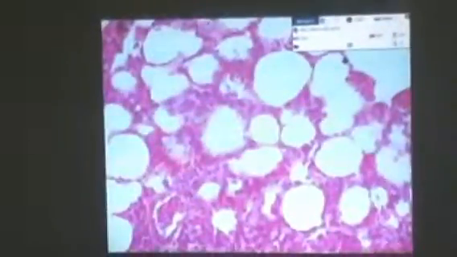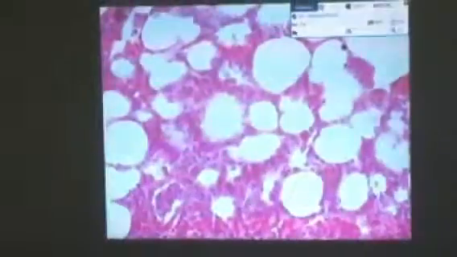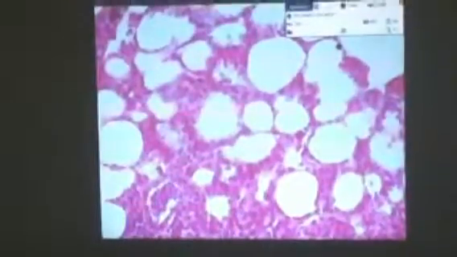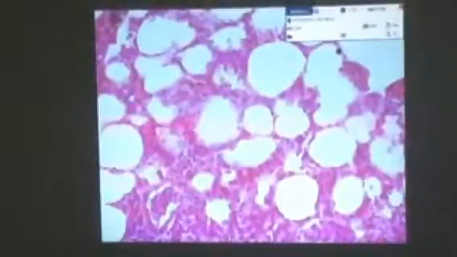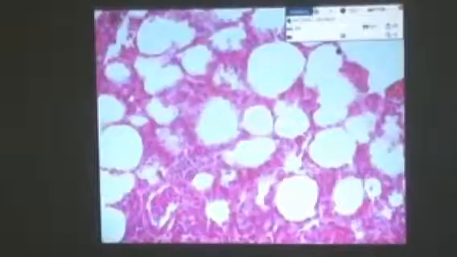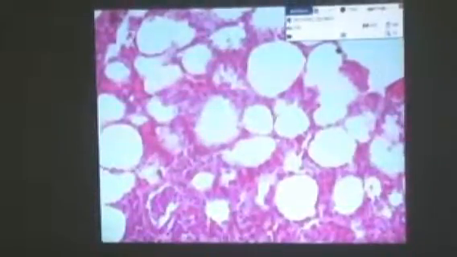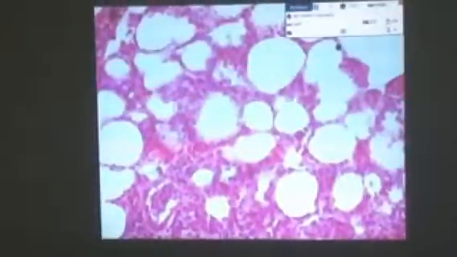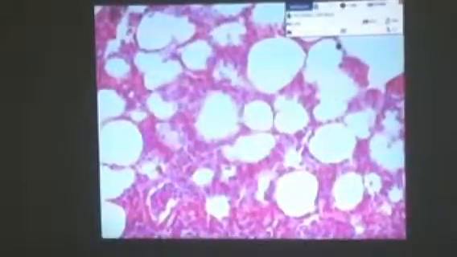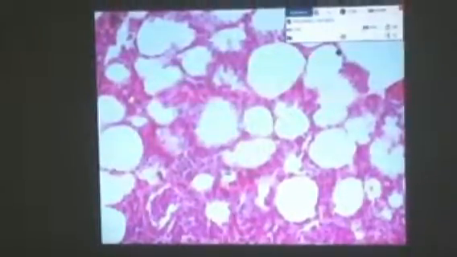The surfactant is there so that the entry of air in the alveoli is easy. Not much force is needed to open the alveoli during inhalation, because the surface tension is negative. The pressure inside the alveoli is negative. So, prevent collapse and then maintenance of the negative surface tension.